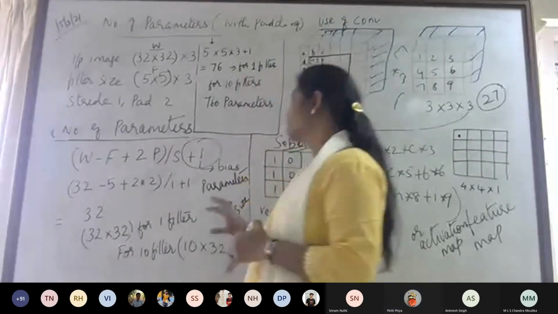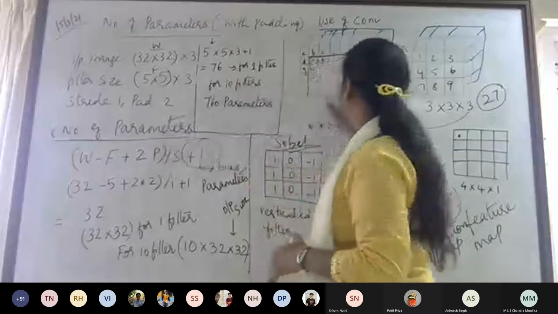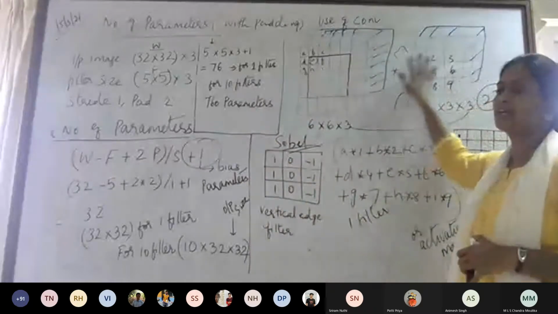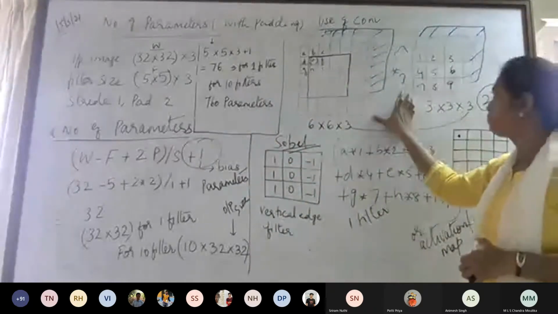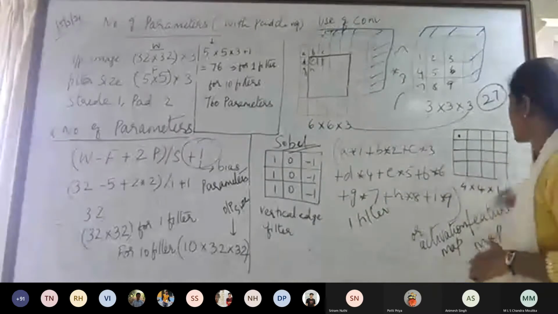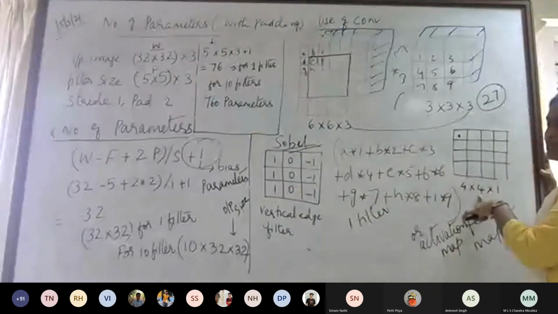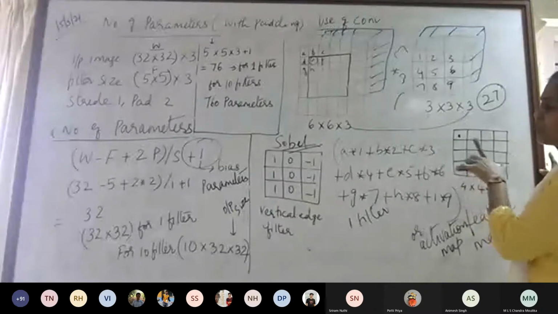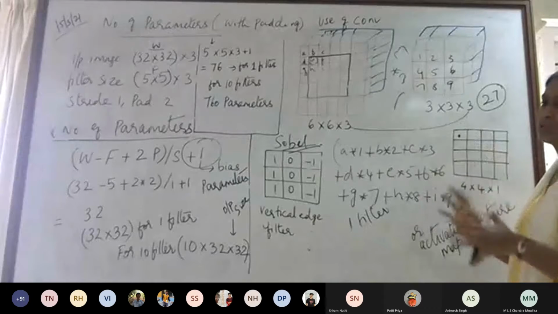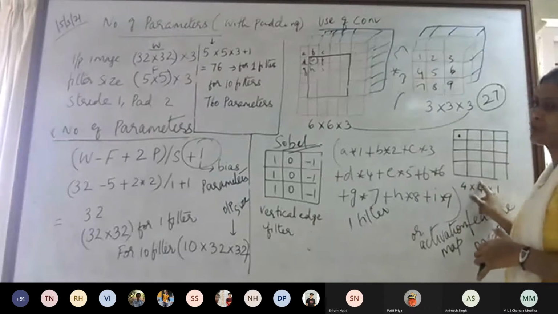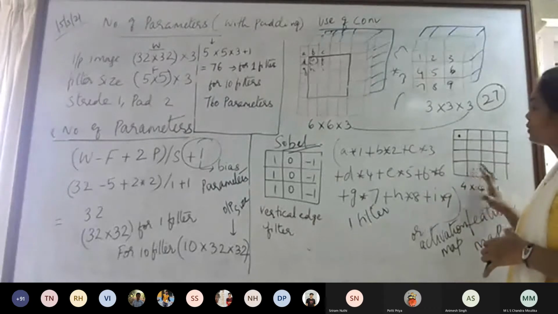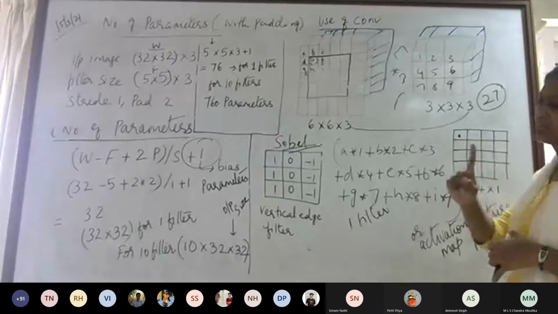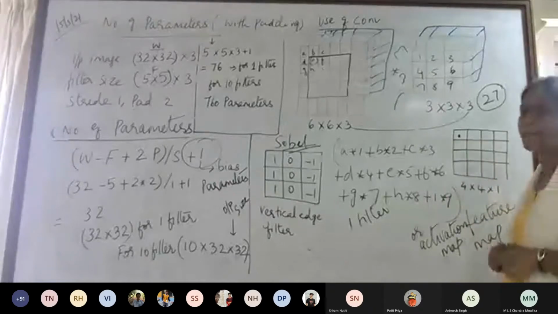Actually, what happens is this entire convolution operation happens, and then these convolved elements, these 4 cross 4 elements, will be going to one neuron. Okay, one neuron. That is why we are adding one bias.